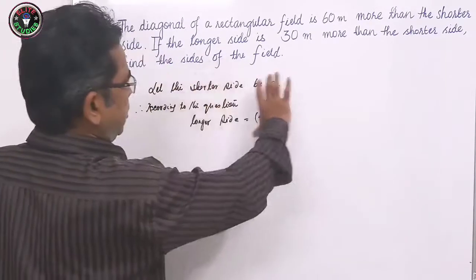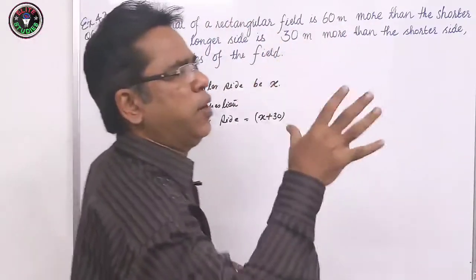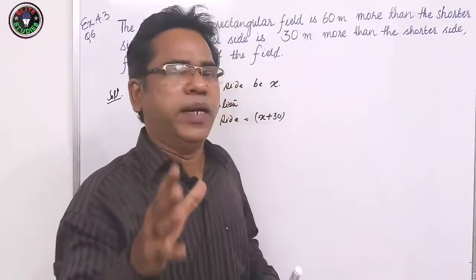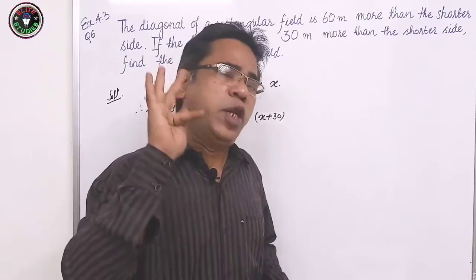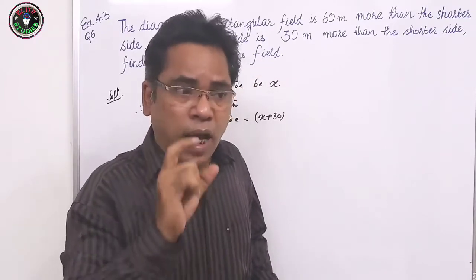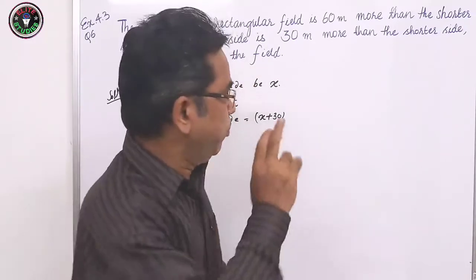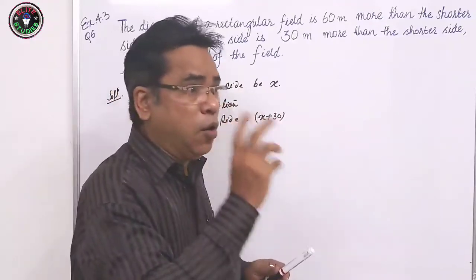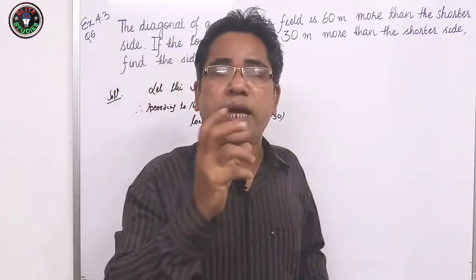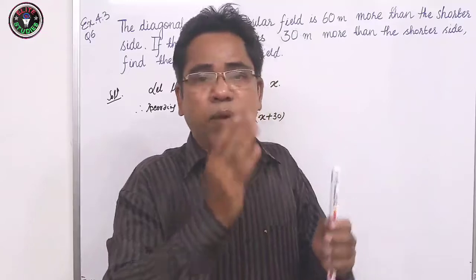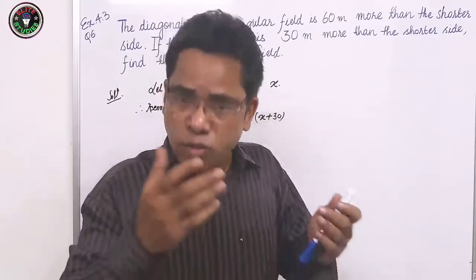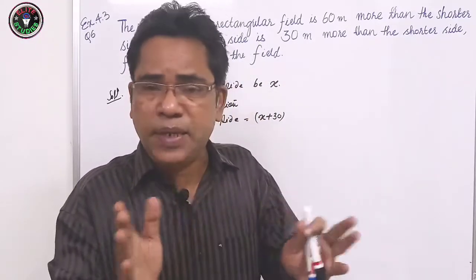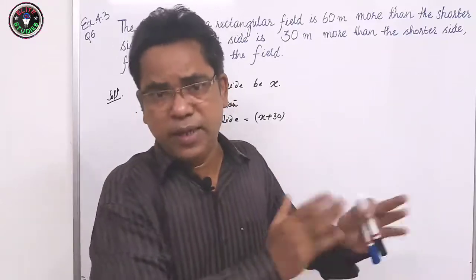Now, my dear students, in any word problem there are three steps. One, how to represent the unknowns as x and y. Sometimes you should take one variable, sometimes two variables. It depends upon question to question, as I've said earlier.